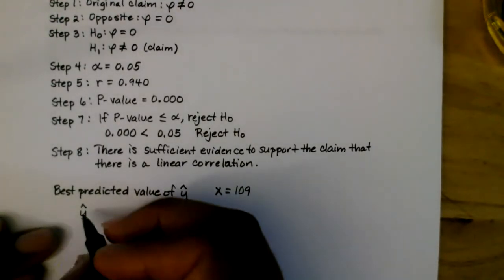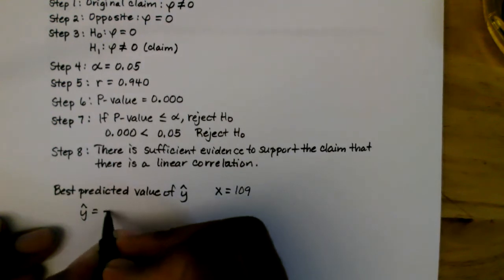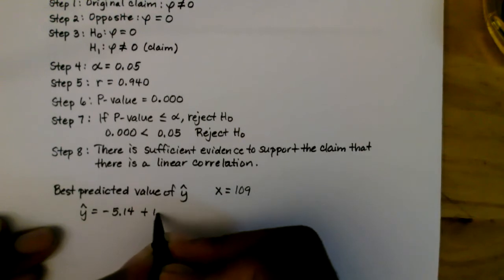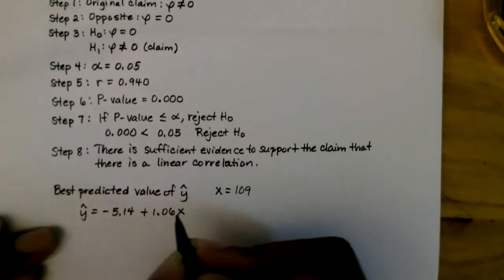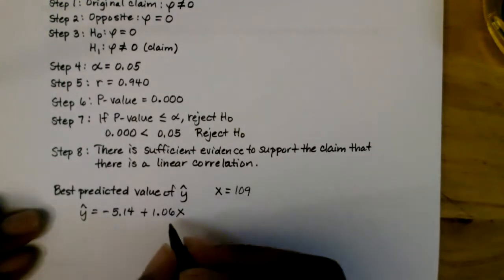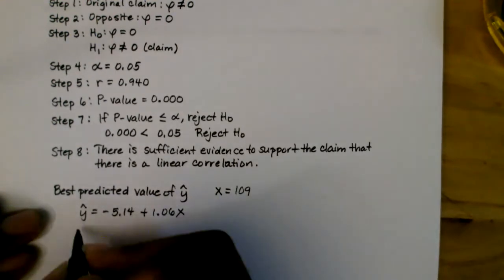Our regression equation is y equals negative 5.14 plus 1.06x. So we just substitute the x with 109.